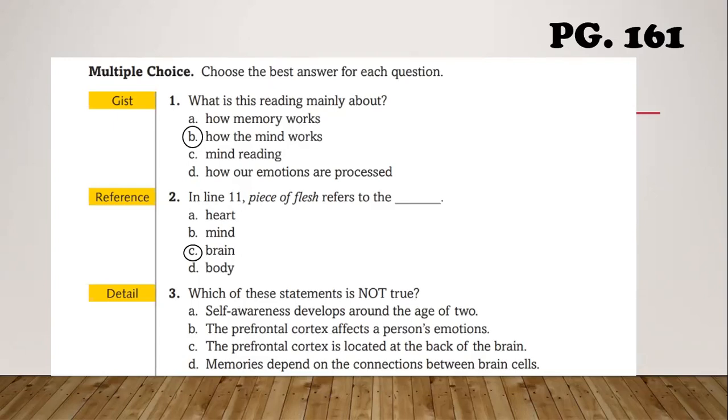You can find that one between line 30 up to 32. Yes, it's that one, Andrea Guzman. Excellent. And Melissa, yes. You don't have to doubt. It's that one. Letter C, the prefrontal cortex is located at the back of the brain. So that is not mentioned, or that is not true in this case.